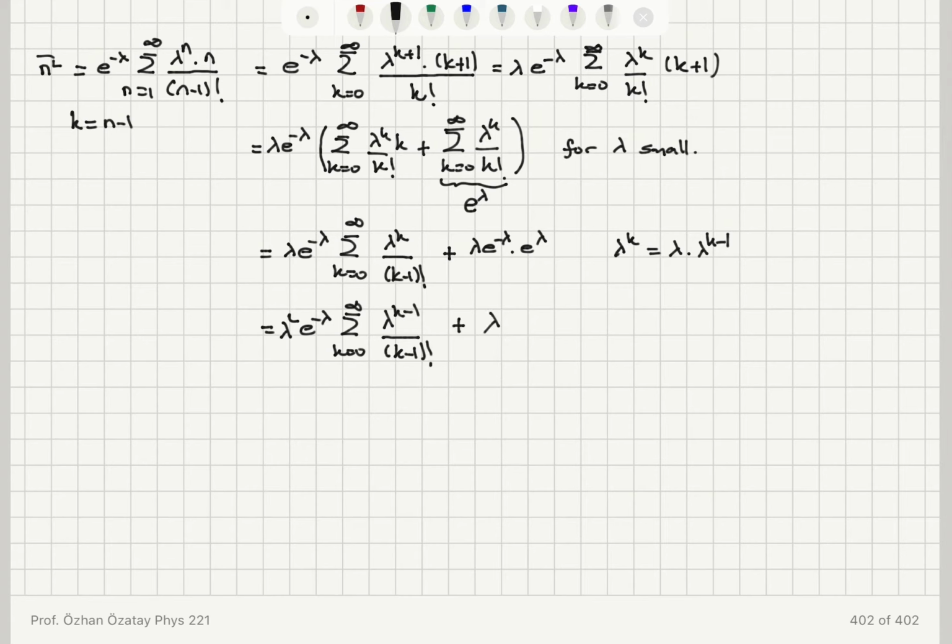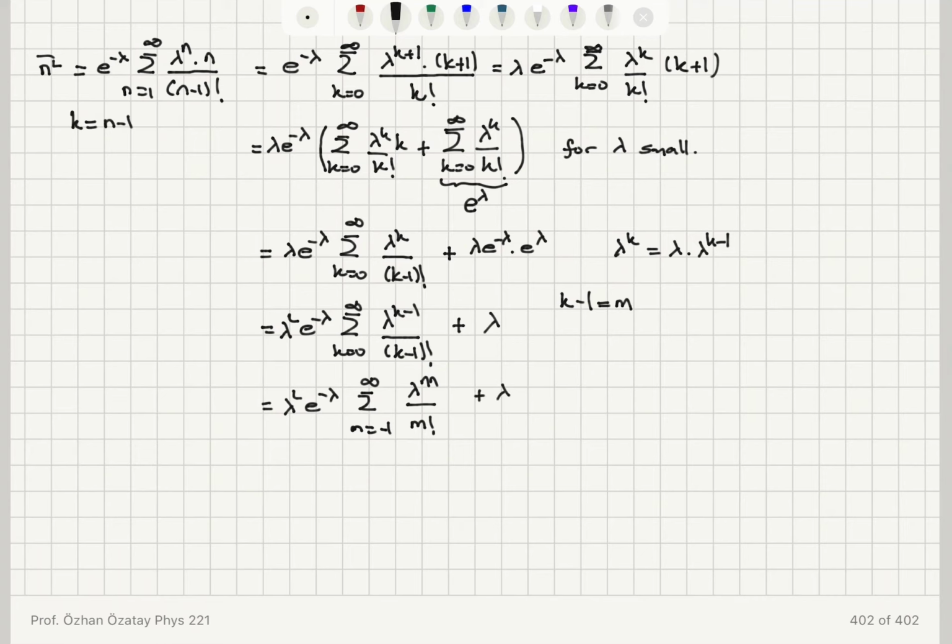So this term again, if I redefine k minus 1 as m here, you can see that this is lambda square e to the minus lambda. When k is equal to 0, m is equal to minus 1. So this is basically sum m is equal to minus 1 to infinity lambda to the m over m factorial plus lambda.